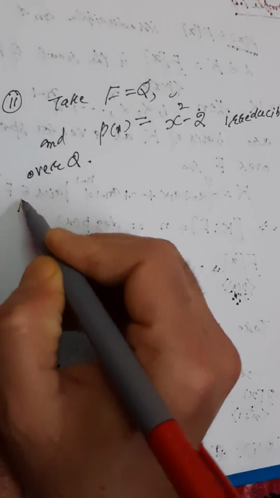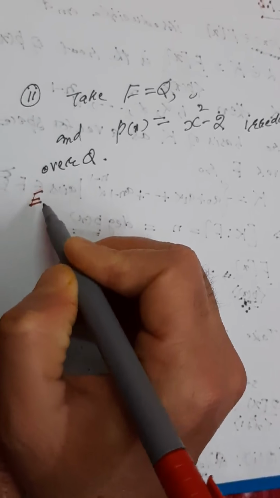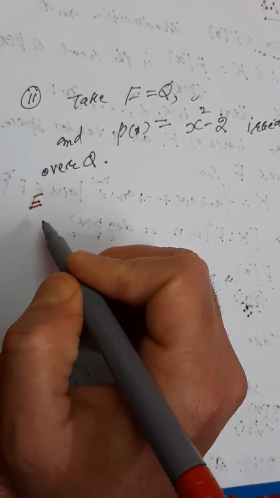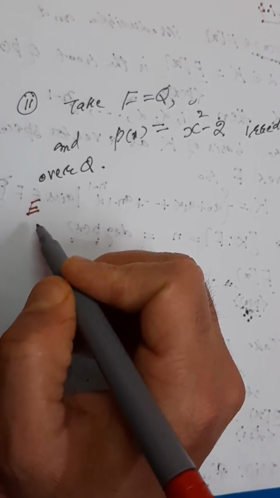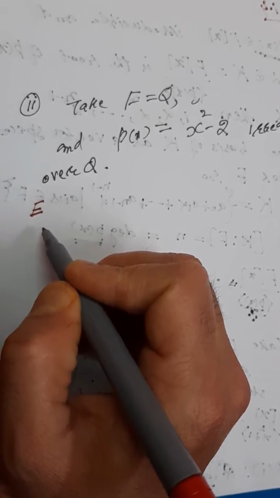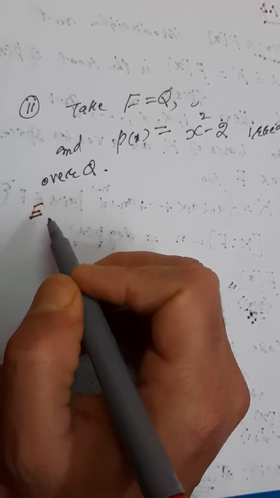We are using Eisenstein's criterion again and again here, so it would be better if I just recall the statement of Eisenstein's criterion for irreducibility of polynomials. Here I will just state its version when the coefficients of the polynomial are integers.